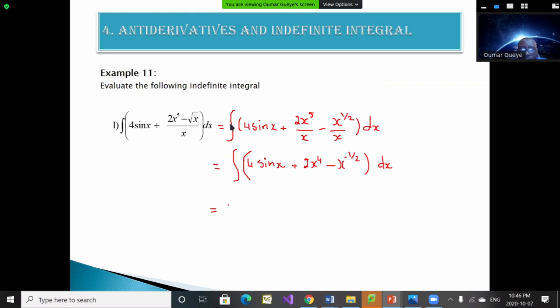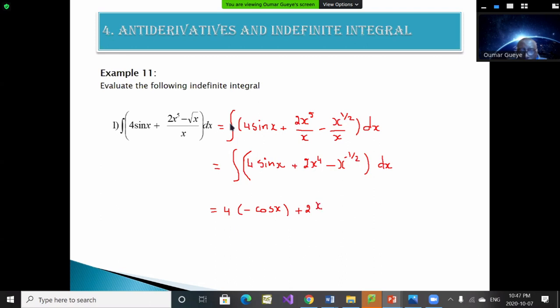Now we're going to apply what the property says. When you have 4 times a function, the integral is going to be 4 times the integral of the function. It means you can take the 4 out first and you integrate sine. But the integral of sine is equal to minus cosine. You're right. And plus 2 times, for this one, we've seen it's going to be x.